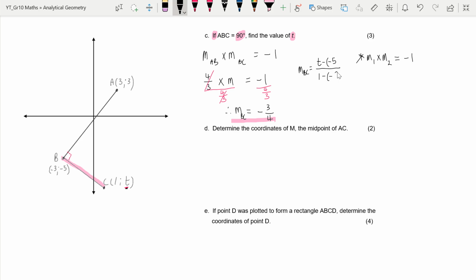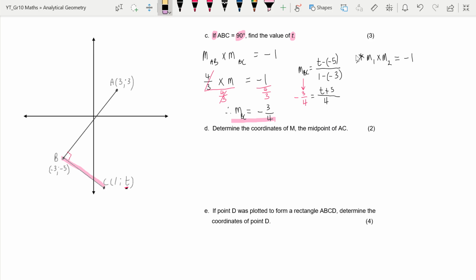All right, so that is if we were to calculate the gradient of BC. But we know the gradient of BC. We just figured it out by using the idea of perpendicular lines. So there it is. And that must be equal to t plus 5 over 1 plus 3, which will be 4. All right, so far so good.